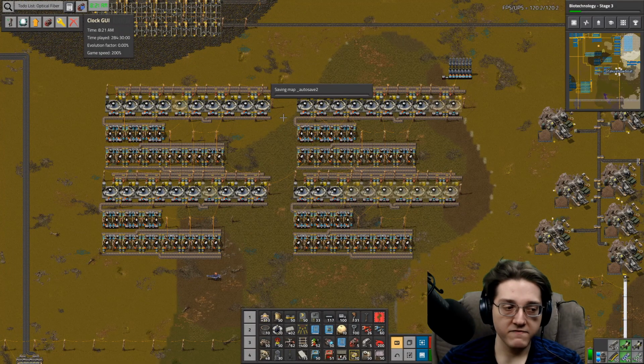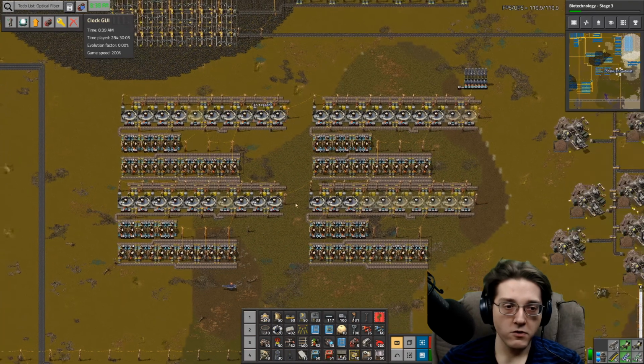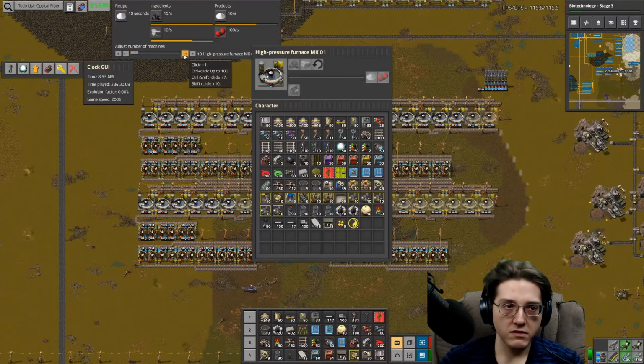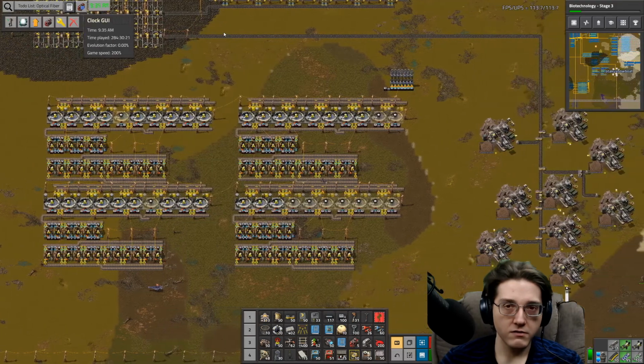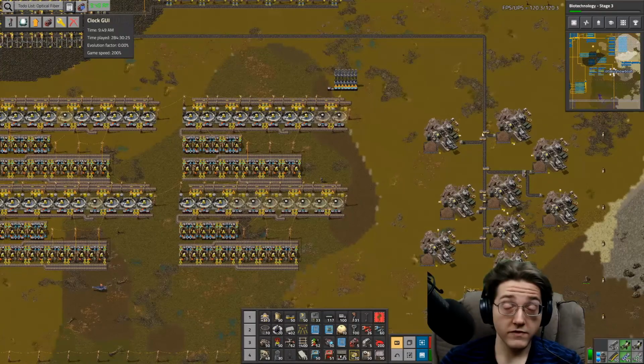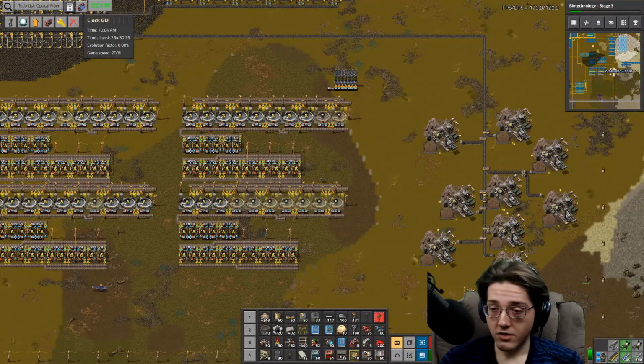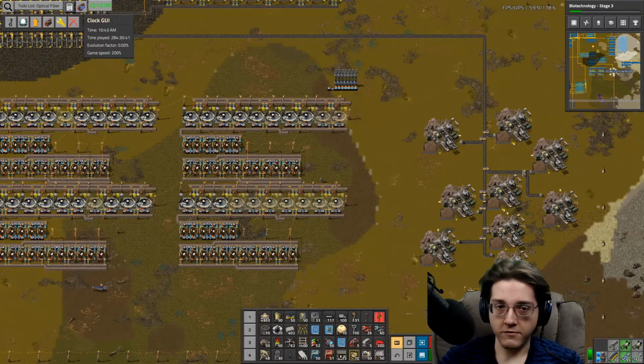Autosave. Please, please autosave. No. 40 of these. 400. Divide by 90. 400 divided by 90, 4.445.